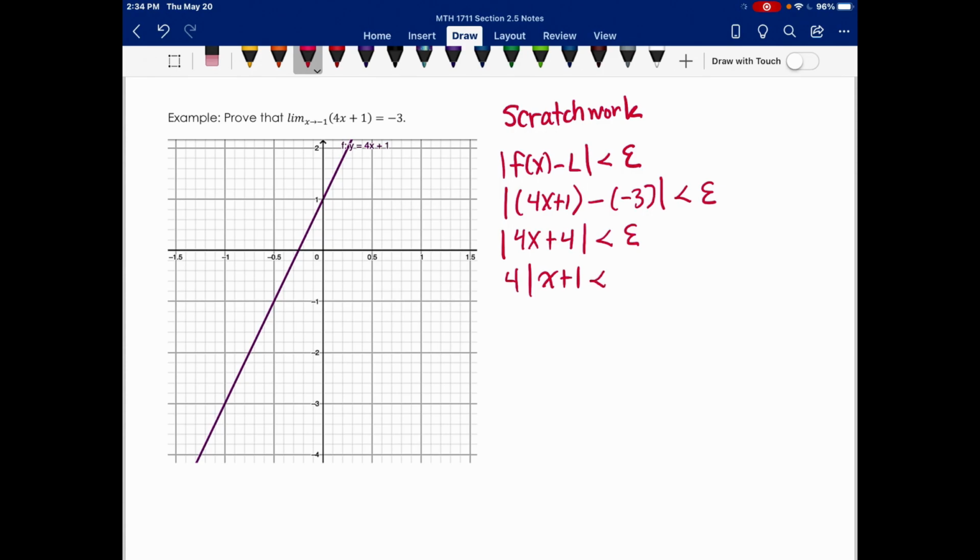And I have x plus 1 is less than epsilon. When I divide both sides by 4, I get that x plus 1 is less than epsilon over 4. And this is what we want to be equal to delta. So we broke it down so that delta is 1/4 of epsilon.